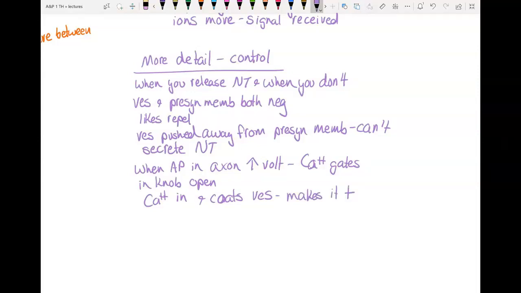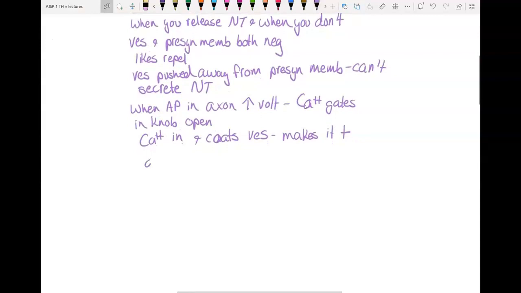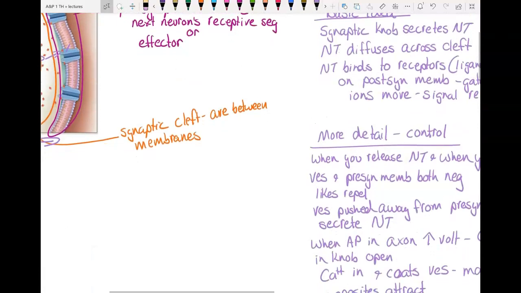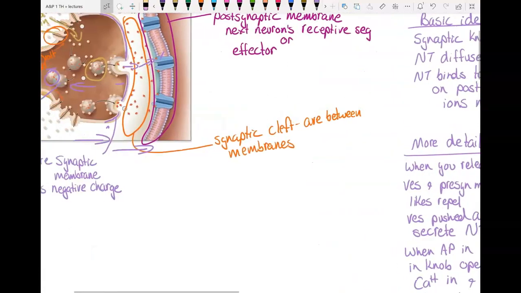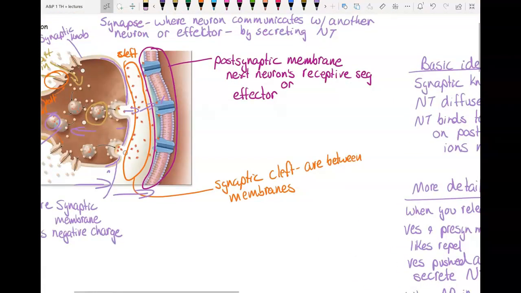Now that it's positive, it is attracted to the presynaptic membrane because opposites attract. So now the vesicle will fuse with the presynaptic membrane and secrete the neurotransmitter.